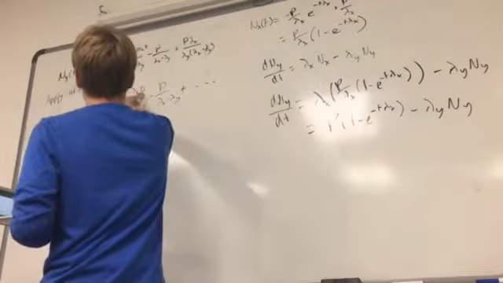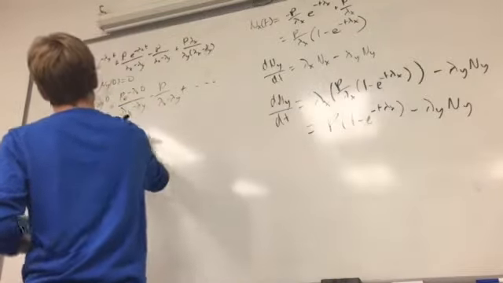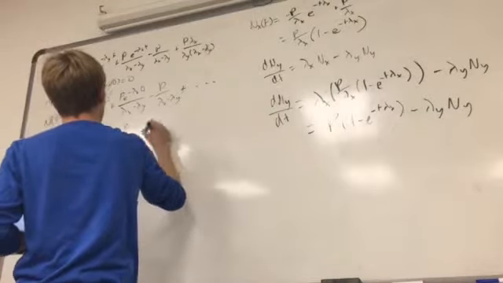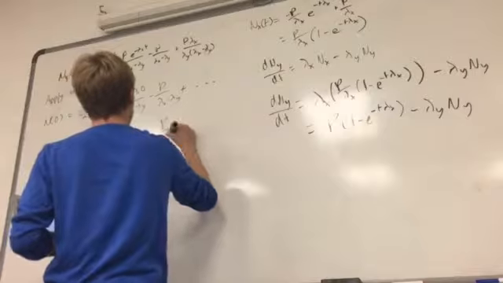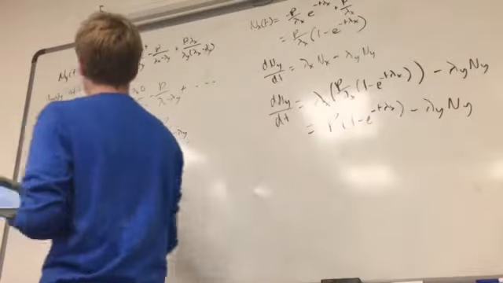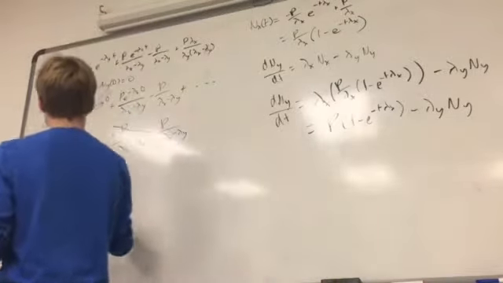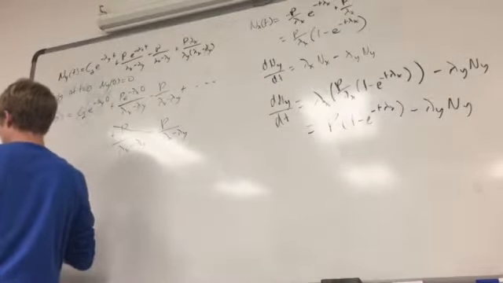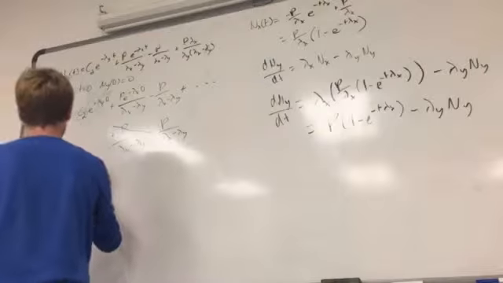So this becomes 1, and so then you have plus px minus py minus py, and these terms cancel out, which is convenient. And you solve for C2.